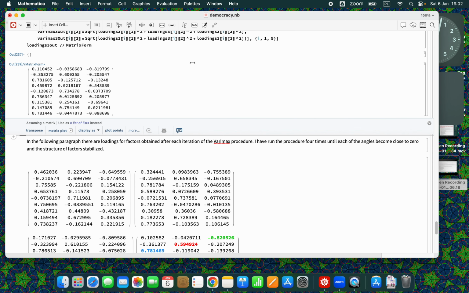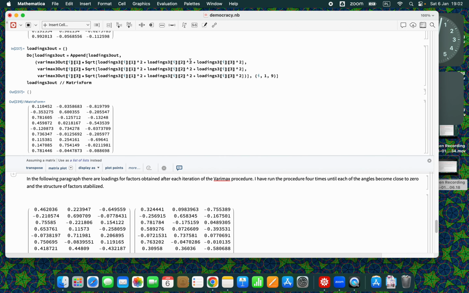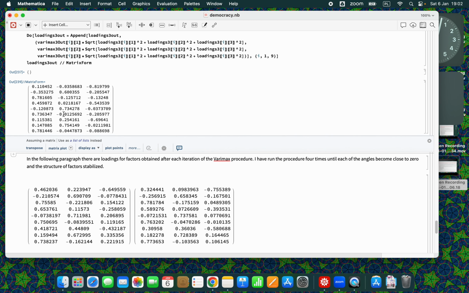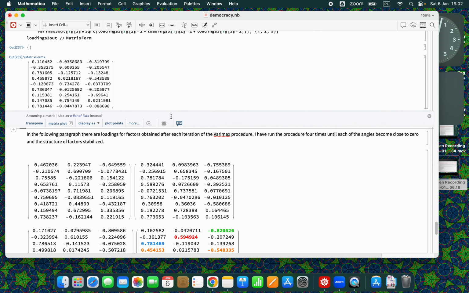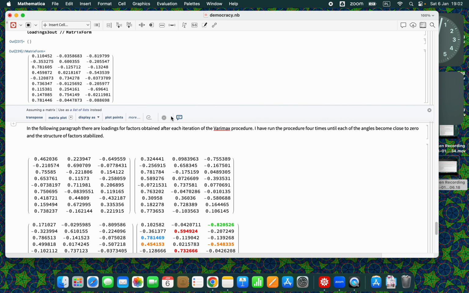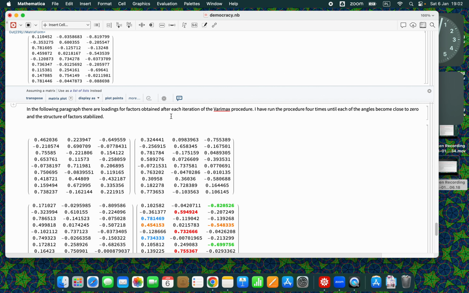because we have unnormalized. Yeah, these are normalized, and here we have unnormalized. So these are really loadings, and now we can compare these results. As you can see, there are small differences between this result and what I have here.